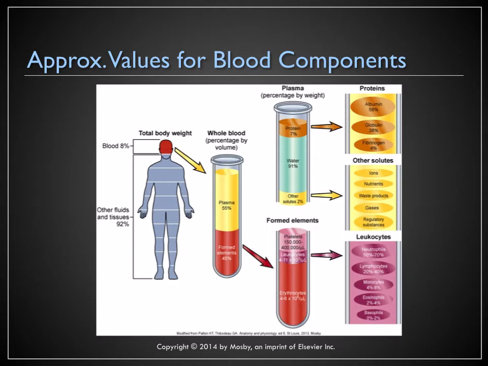And when it says formed, the 45% is where you have RBCs, WBCs, and platelets. It is showing you how much percentage you have of RBCs, how much percentage you have of platelets, and how much percentage you have of leukocytes, WBCs, and how much percentage out of the leukocytes you have of the other subdivisions of neutrophils, monocytes, etc. So this is what you need to know.